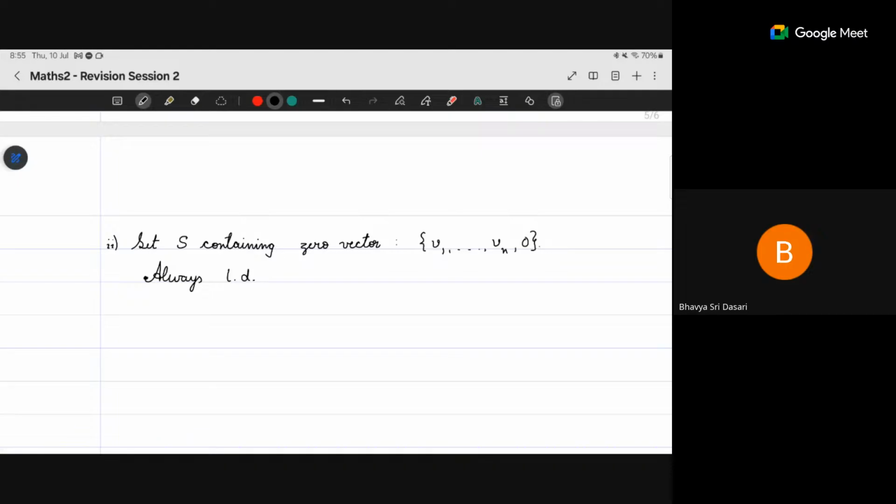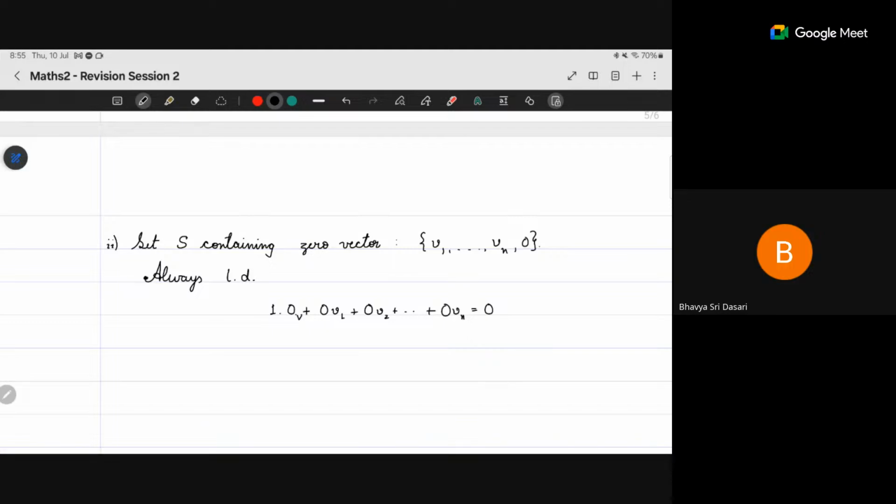Because linearly dependent means I can write 1 times the zero vector plus 0 times v1 plus 0 times v2 plus 0 times vn is equal to 0.